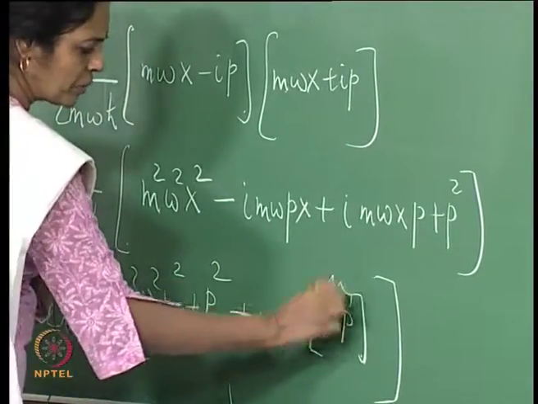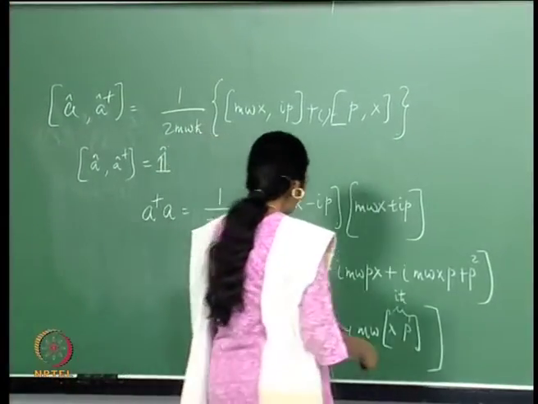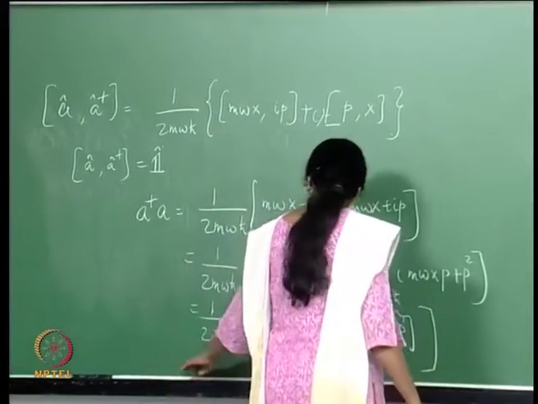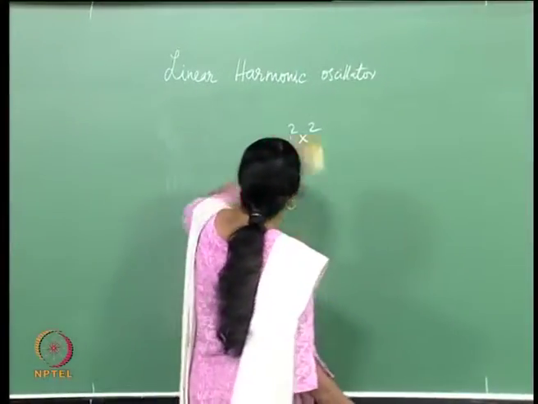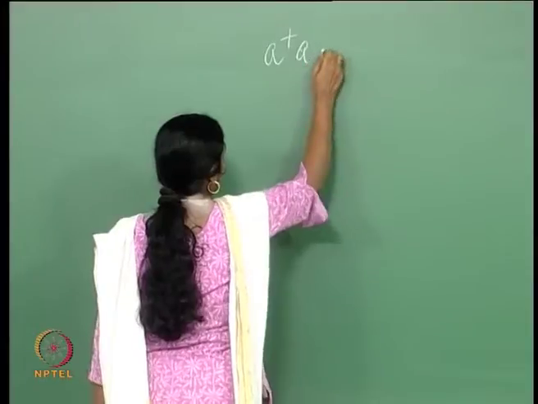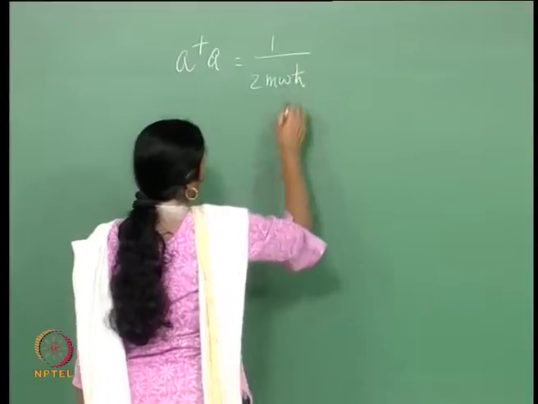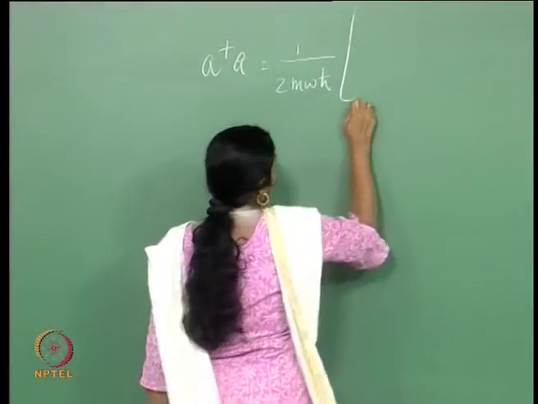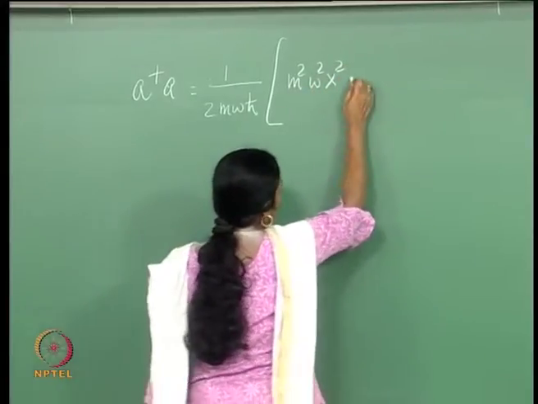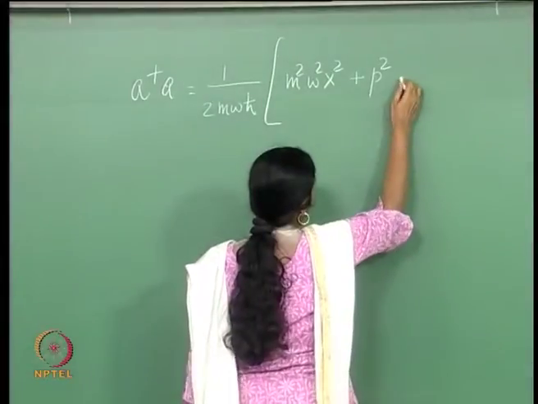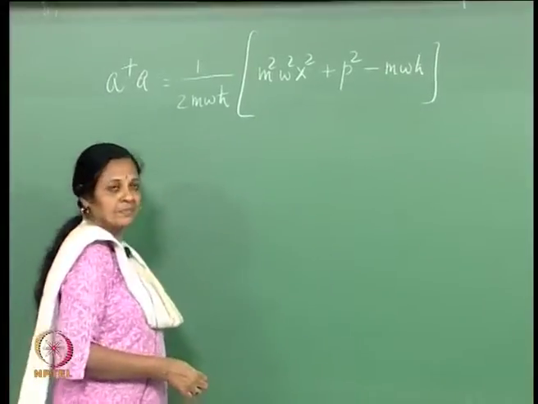But the commutator of x with p is i h cross, and therefore this object simplifies and we get an expression for A dagger A. I pull out a 1 by 2 m omega h cross, and then I have m squared omega squared x squared plus p squared minus m omega h cross.